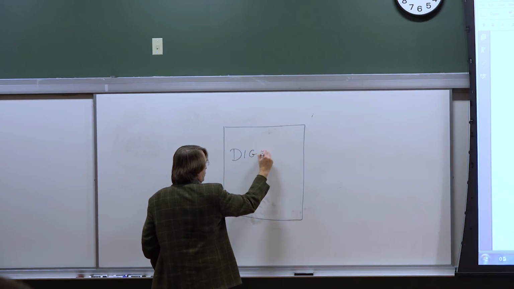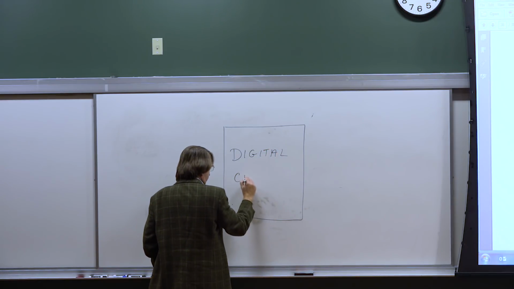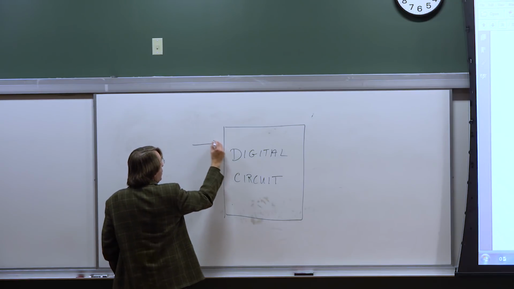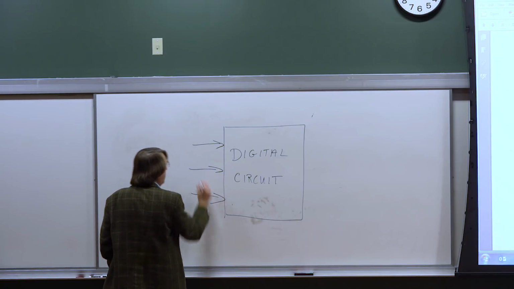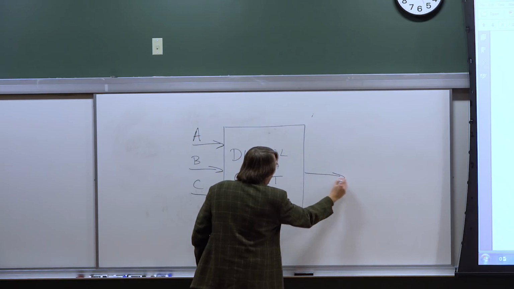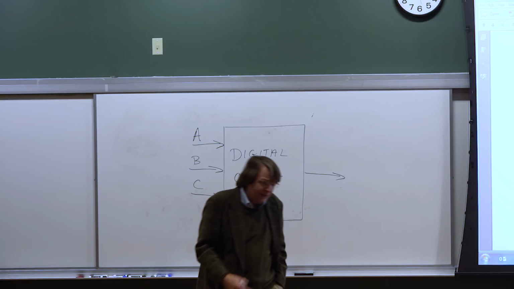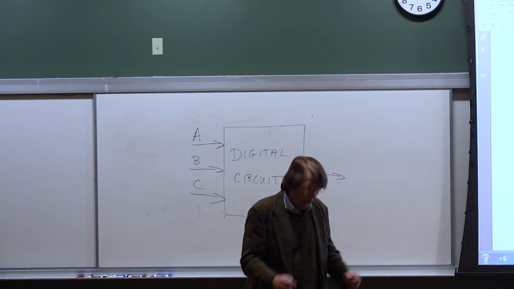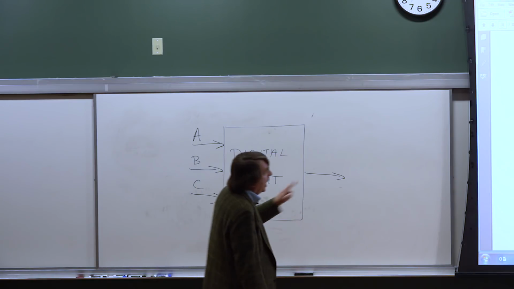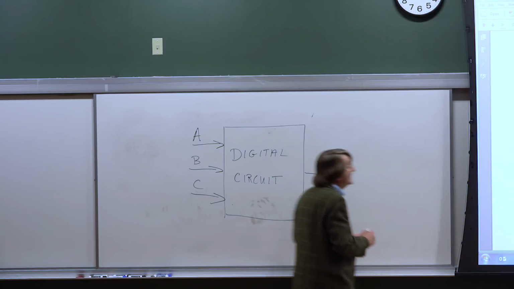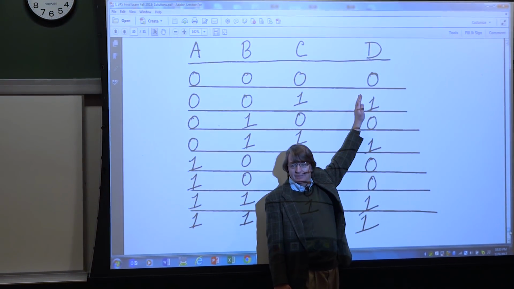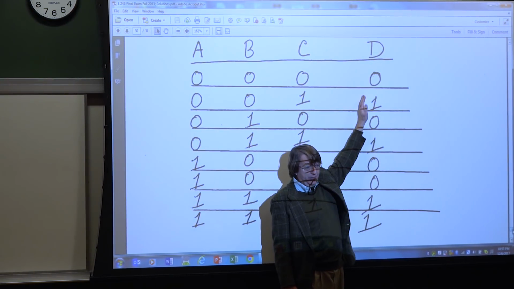Here is your digital circuit. Here's your requirements. You have 3 inputs, A, B, and C. Now, think of it as turning on the light or something more exciting like the robot moving or an alarm sounding. And you say, okay, this is A, B, C. I want the output D to follow this.